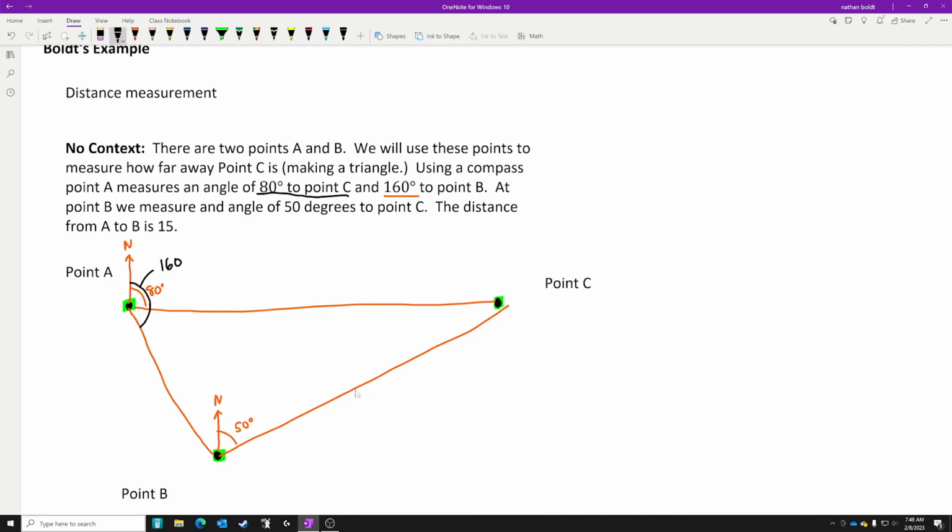All right. So now we have to find all the interior angles of this triangle, and then we can use the law of sines because they told us that this distance over here from A to B was 15. All right, let me move point B a little closer. There we go. That's point B down there.